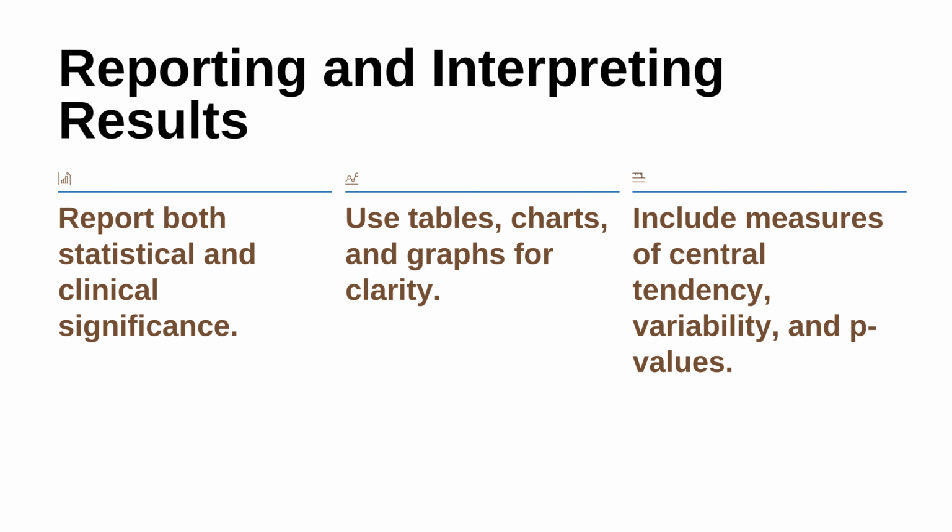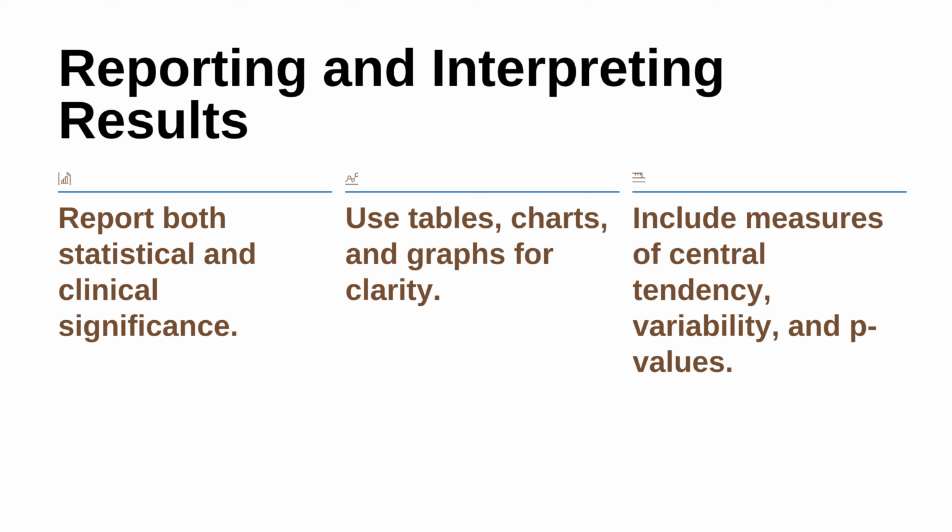Once the data are analyzed, we report and interpret results clearly. In reporting and interpreting results, we report both statistical and clinical significance to show scientific accuracy and real world value. We use tables, charts, and graphs for clarity.